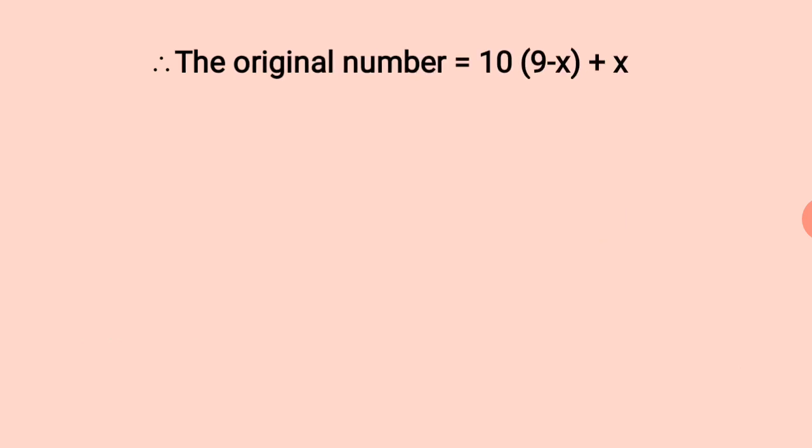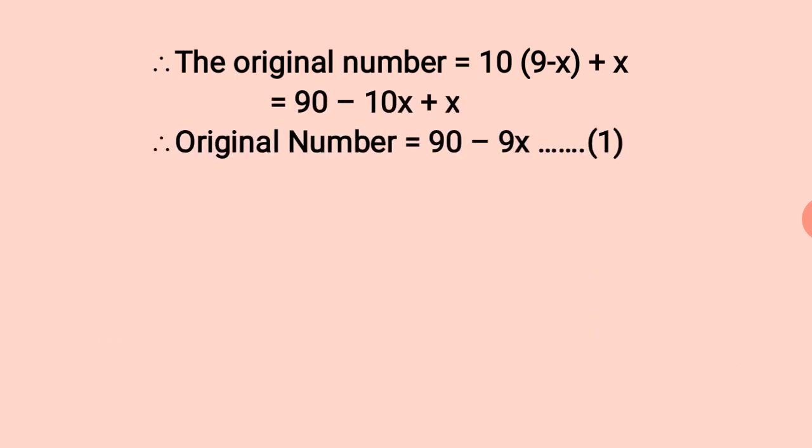And here the original number becomes 10 multiplied by (9 minus x) plus x. So I hope you have understood this statement. Now the rest is all mathematical. Open the bracket and the original number is now written as 90 minus 9x. This is your first equation.